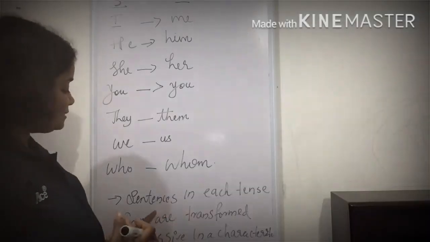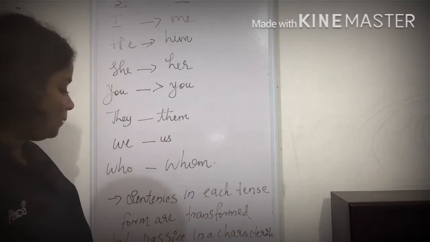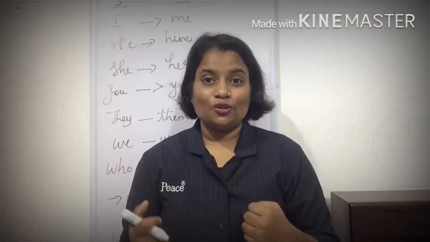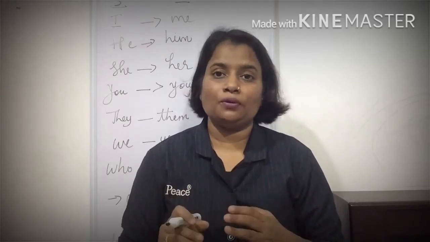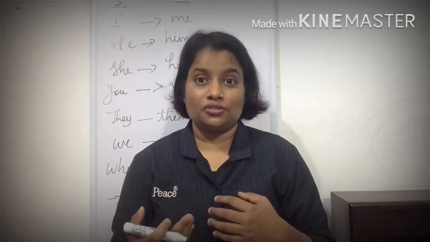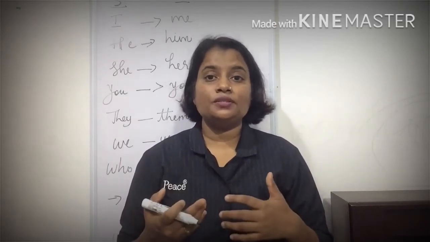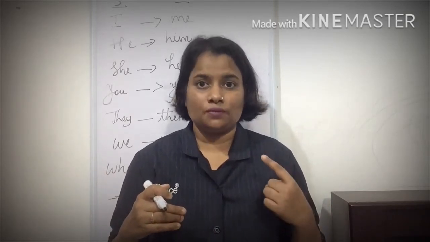Next one is sentences in each tense form are transformed into passive in a characteristic way. I told you earlier that it's compulsory to learn the tense structures properly, because there are lots of changes in it. While transforming the statement from active to passive voice, you need to take care of the helping verbs.